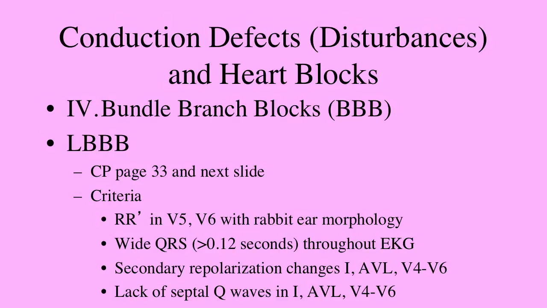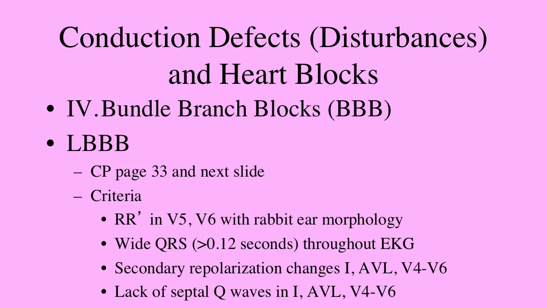It has what's called a rabbit ear morphology. If you look at page 33, V6 has a little notch in it, but V5 has the classic 2 R waves, double R wave, or rabbit ears in V5. There's an enlarged version of that right next to the number 33 on that page.